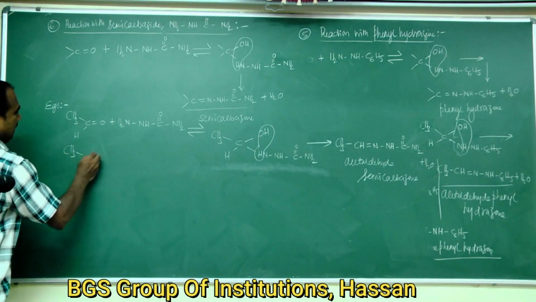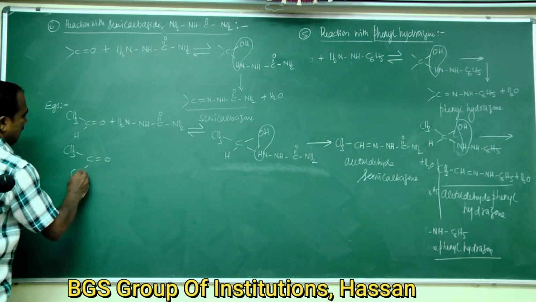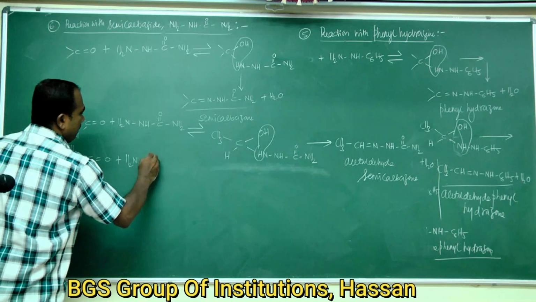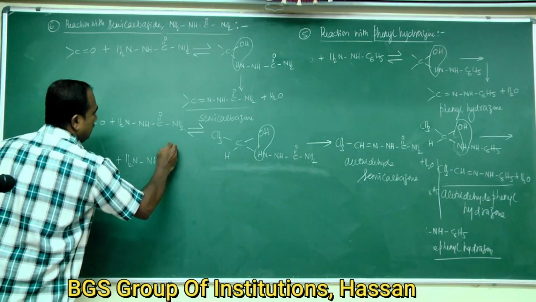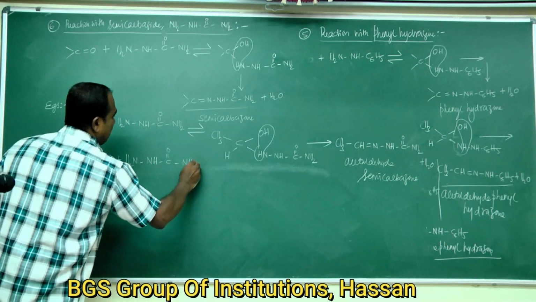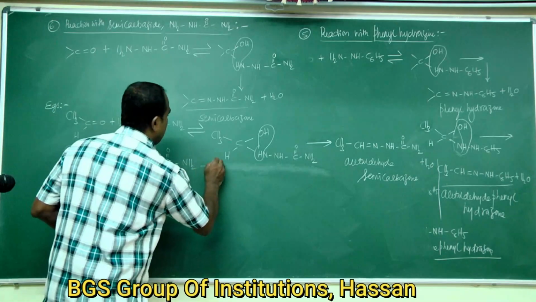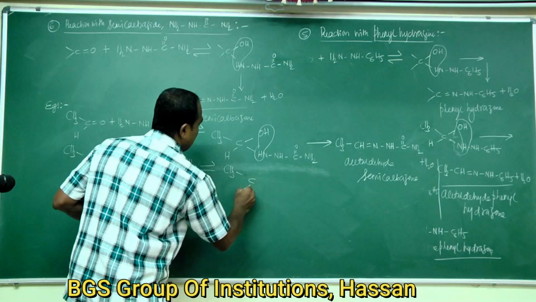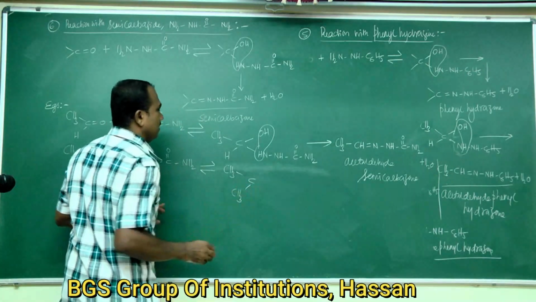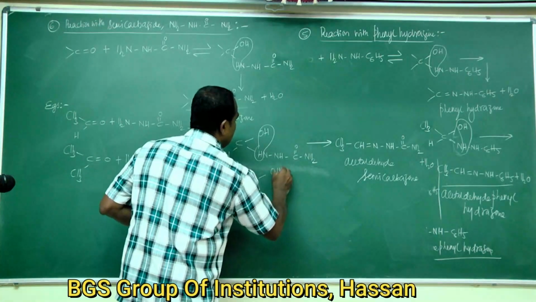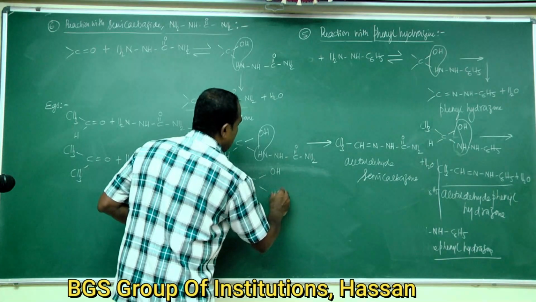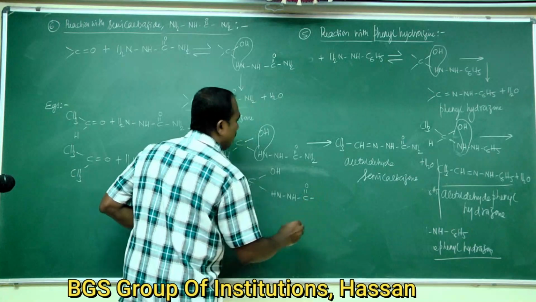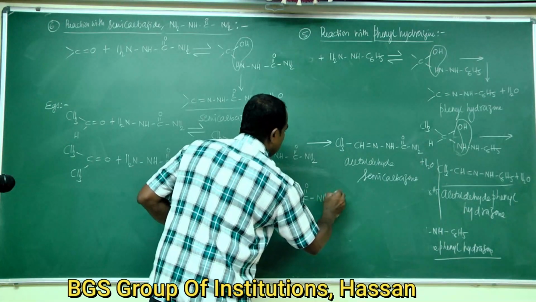Likewise, if we take the second example, that is ketones: acetone, CH3COCH3. Acetone reacts with semicarbazide to form the intermediate. It is CH3-C-CH3 with OH, NH, NH, CO, NH2.